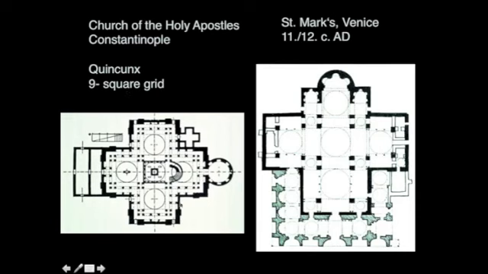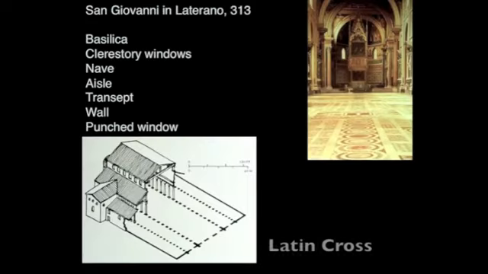So the basic plan type that we have here at the Church of the Holy Apostles is what kind of cross? Greek, thank you. Why do you say Greek? Yeah, because it's like equal. A Greek cross has the arms of the cross more or less equal around the center, as opposed to a Latin cross, which is the kind of cross we saw in the early Christian churches in Rome, which have a long processional nave.